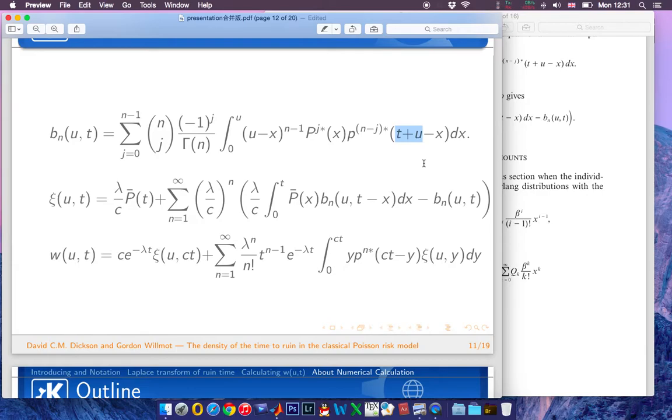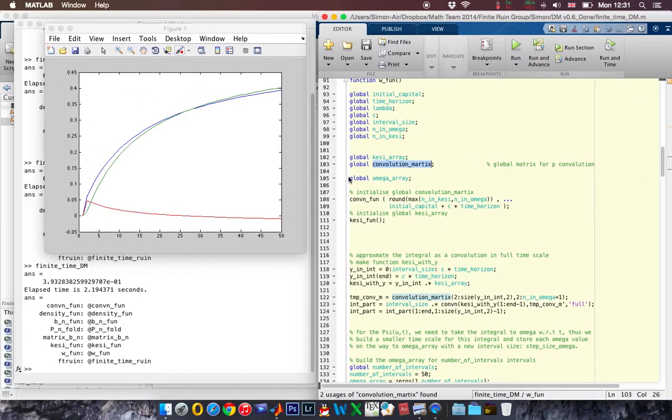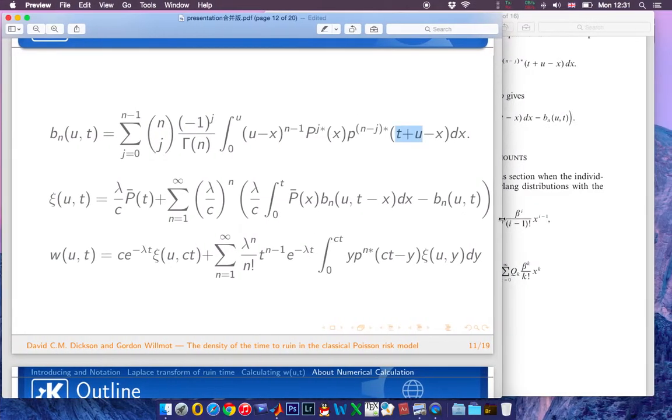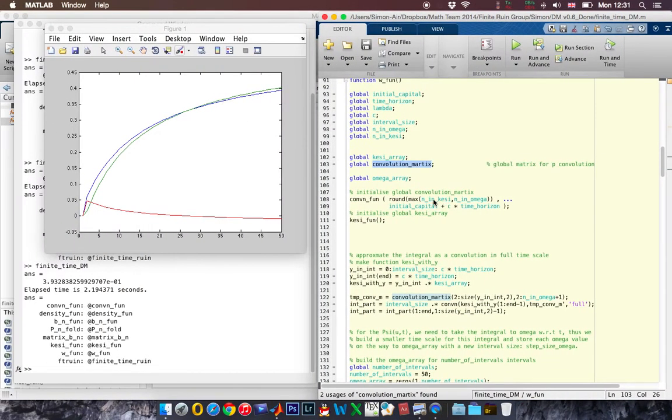So whenever you come across a calculation, you just drag the values that you need from here. That said, you need to build a matrix large enough. Otherwise, you'll come across a problem: when you need some values, you cannot find the corresponding value within your matrix because your matrix is not large enough. So I built the convolution matrix here with a command of finding which one is larger in terms of n in c or n in omega.